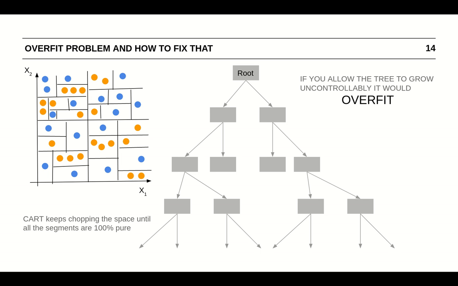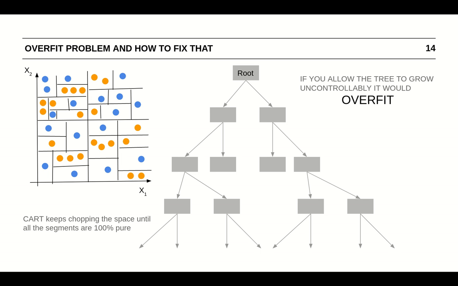So if you allow CART to build these trees and you allow these trees to grow uncontrollably, what might happen is a decision boundary which looks like this. You see, CART is just working on one minimization problem. It optimizes by chopping the decision space such that Gini impurity is at its lowest.